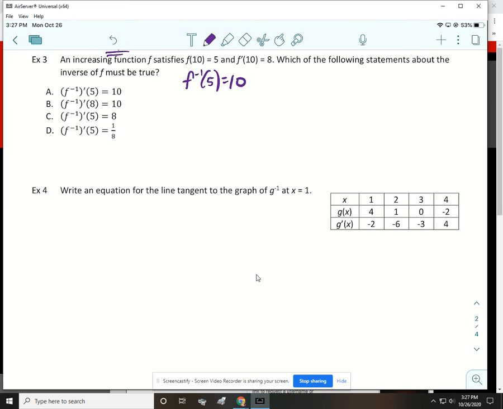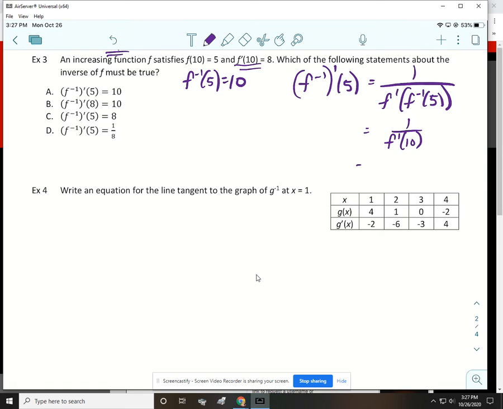So we would do f inverse prime of 5 equals 1 over f prime of f inverse of 5. I know f inverse of 5 is 10, and then I know f prime of 10 is 8. So f inverse prime of 5 is 1/8. Hopefully that's an answer, yes.